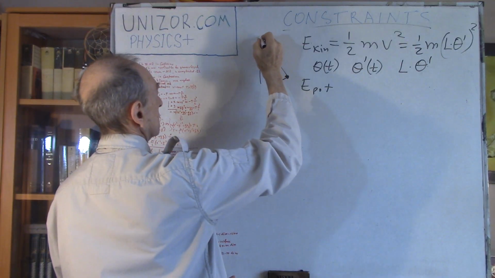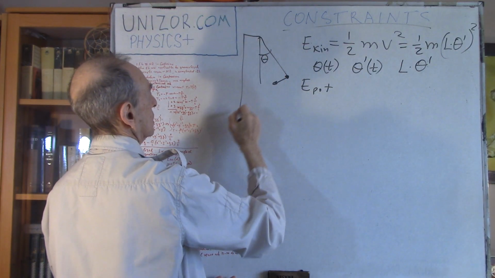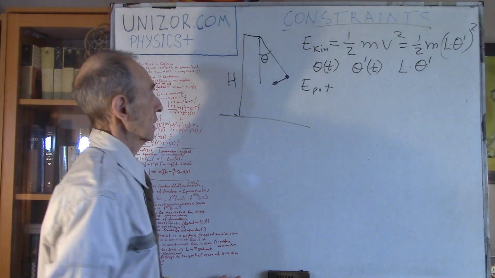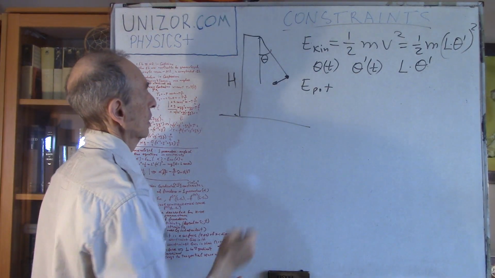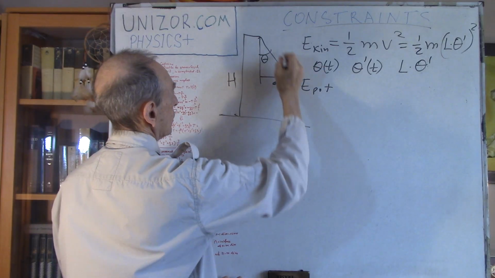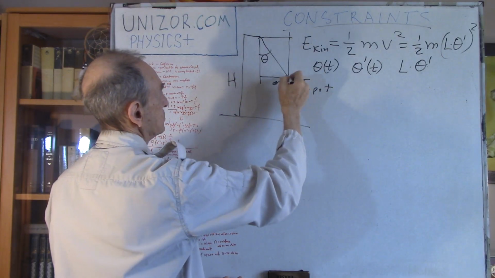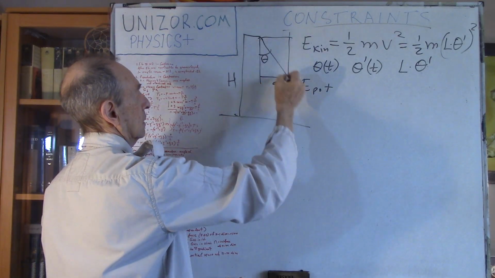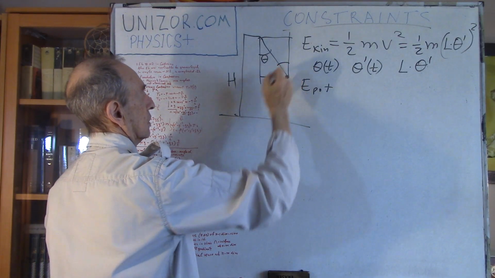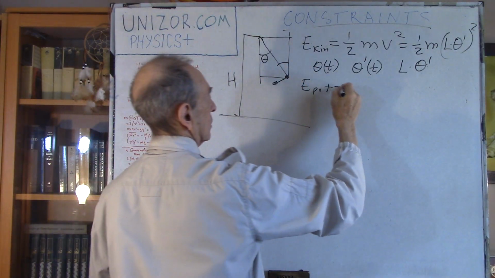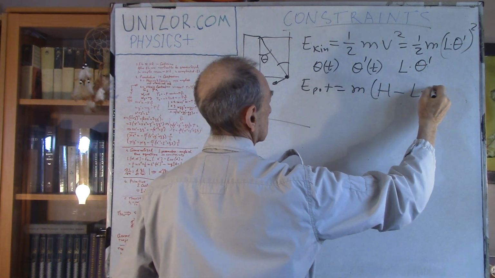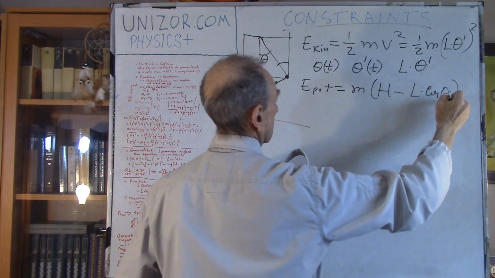Now, potential energy. Well, let's say this particular top is relative to the ground at height h. Well, then we have to subtract this piece, which is L times cosine theta. So it's mass times h minus L times cosine theta.